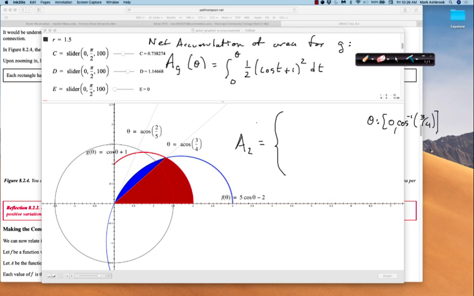And so what will the function be for that? Right, it's the one we wrote before, A sub g. So I'm sorry, A2 of theta. Let's be a little bit more precise here.